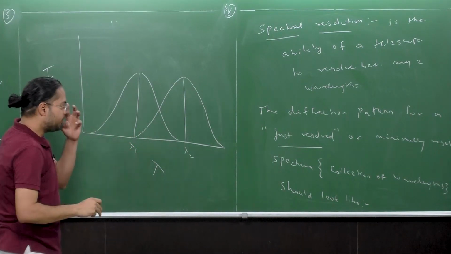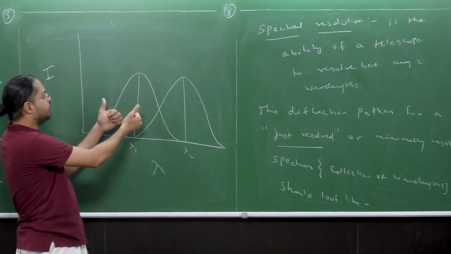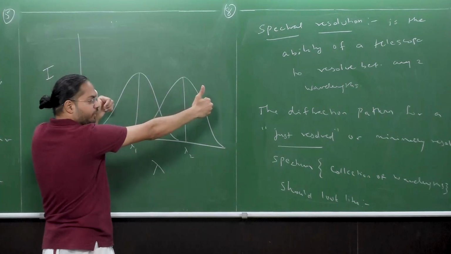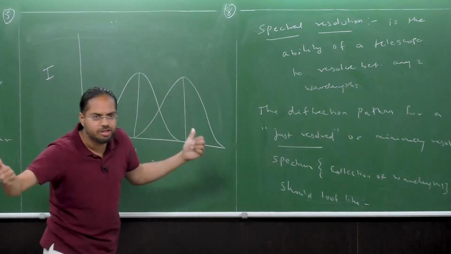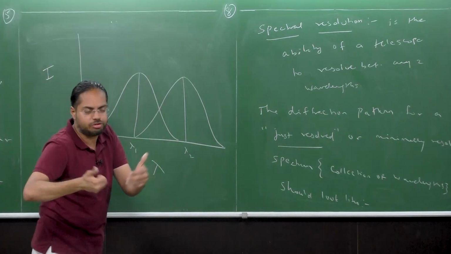Now you can see that as the two different wavelengths come further and further apart, they are easily resolved. But as they come closer and closer, they cannot be resolved at all.